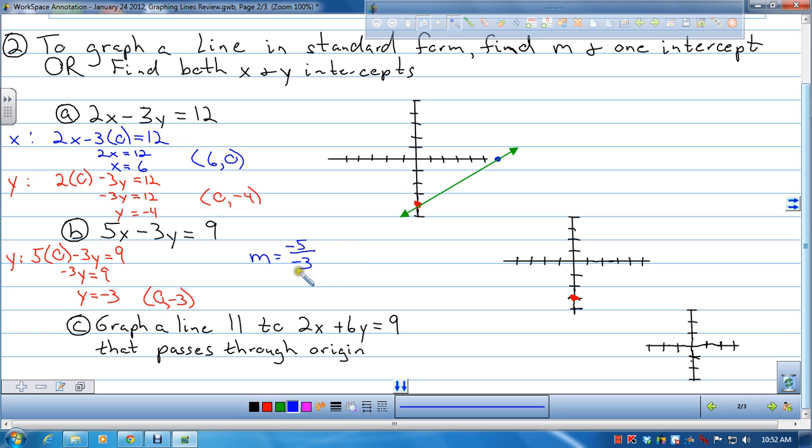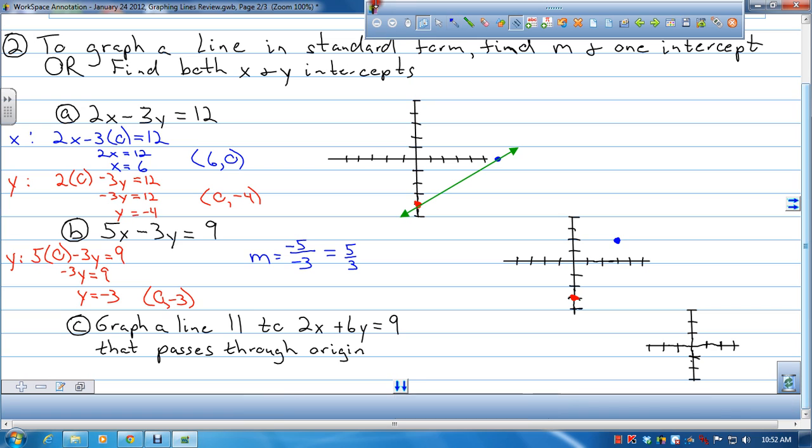So if I have negative 5 over negative 3, that's the same as 5 over 3, which means I have a positive slope. Up 5, 1, 2, 3, 4, 5, and over 3, 1, 2, and 3. And there we go. Okay. Looks good.